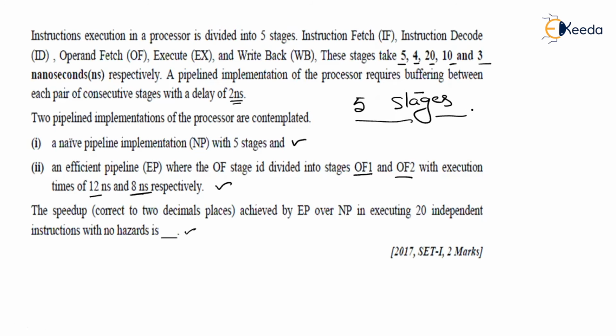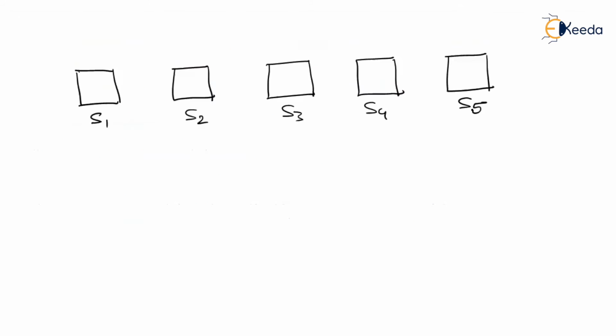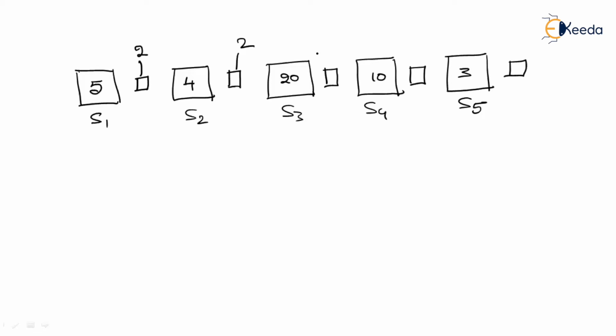Delays are 5, 4, 20, 10, and 3. There are intermediate registers as mentioned in the question. Each intermediate register will take 2 nanoseconds. This is pipeline 1.